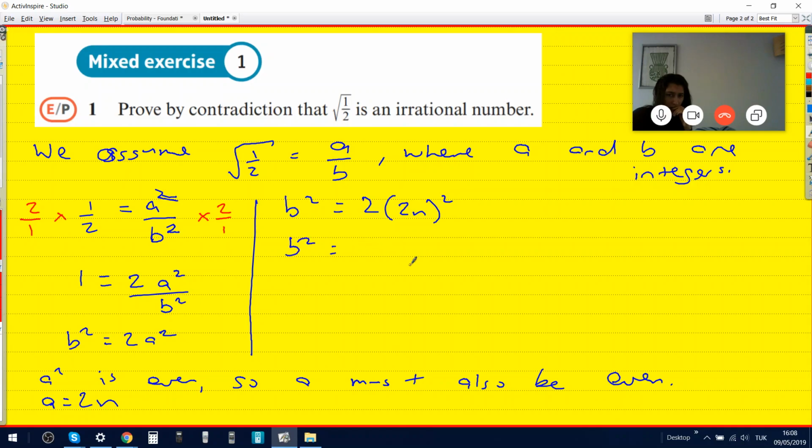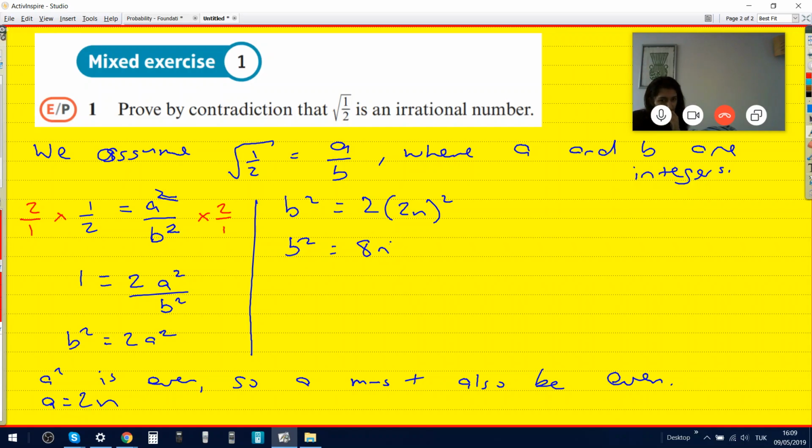What is that? Oh, you do the brackets first. Yeah, okay. So 4n squared, 8n squared.